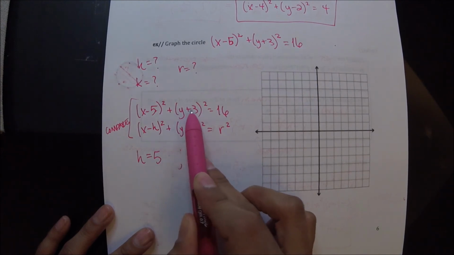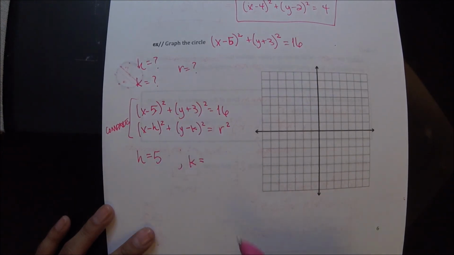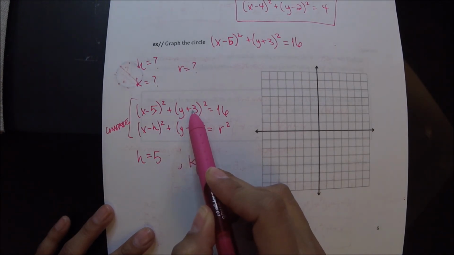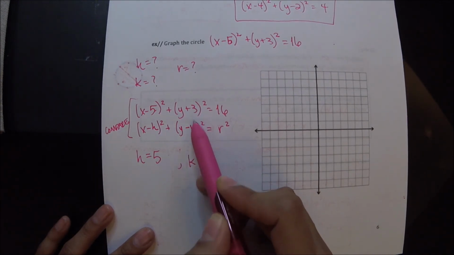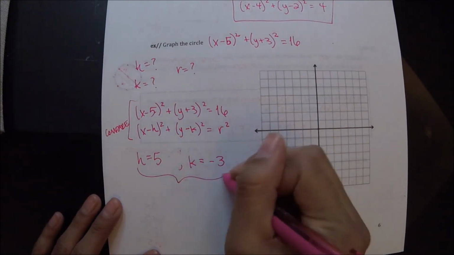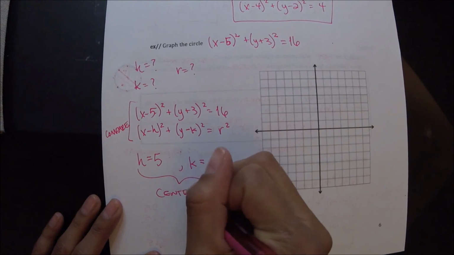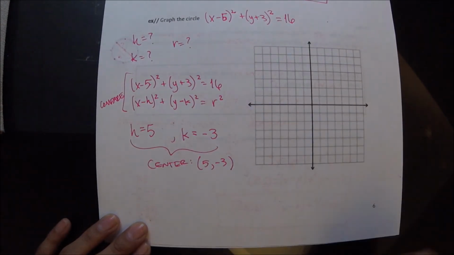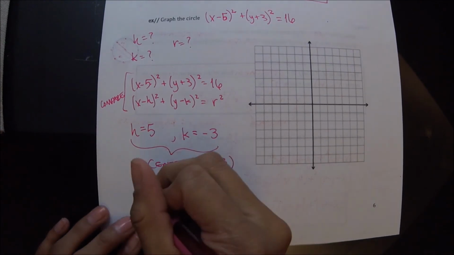So y plus 3 is the same thing as saying y minus a negative 3. So really, k is negative 3. So the center of our circle is (5, negative 3). And then we need to find r as well.